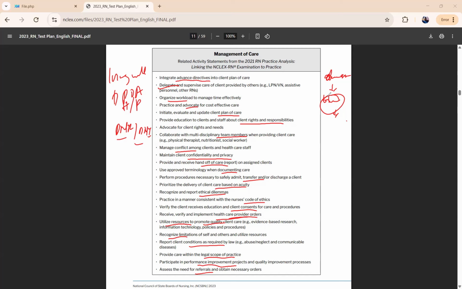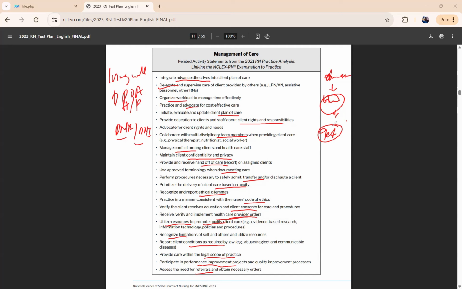So now let us say the patient has an advanced directive. What we do is get the advanced directive from the client. When we get it, we teach it back to the patient to be sure that they still maintain what they have written in it.